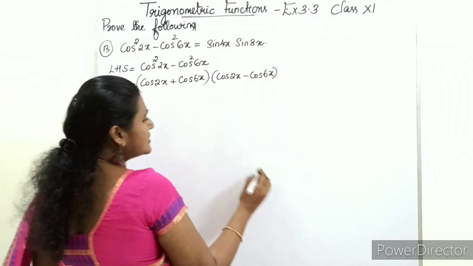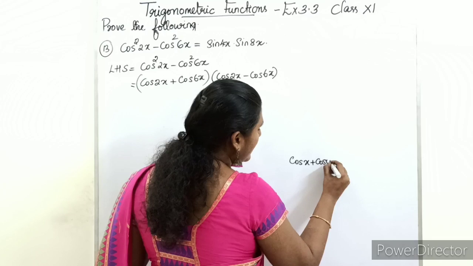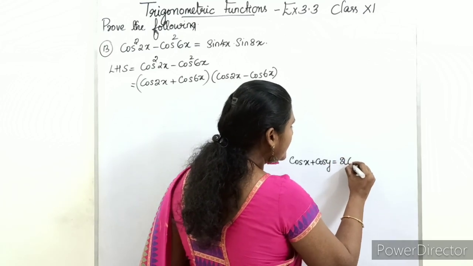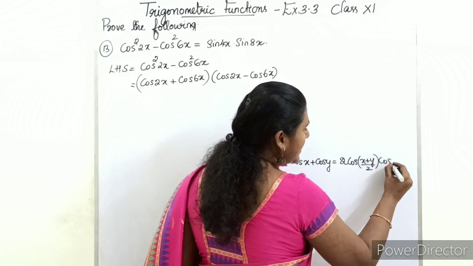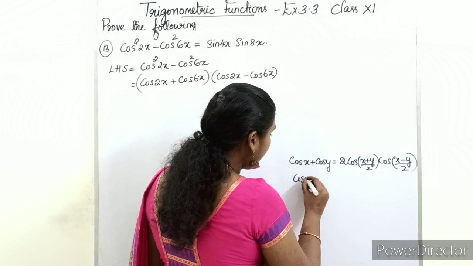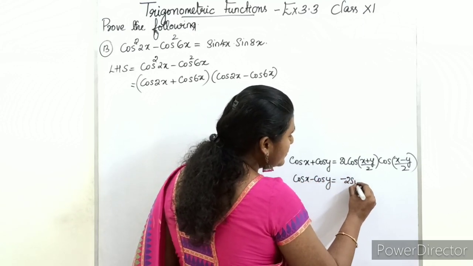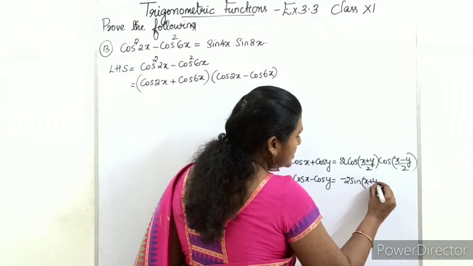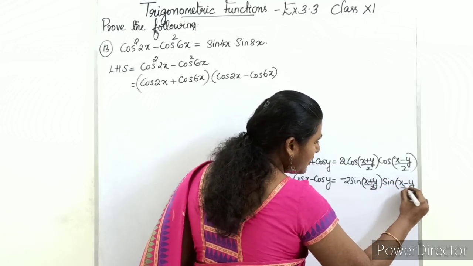Now here we will use the formula. Cos x plus cos y is equal to 2 cos (x+y)/2 into cos (x−y)/2. Now what is cos x minus cos y? The formula is minus 2 sin (x+y)/2 into sin (x−y)/2.